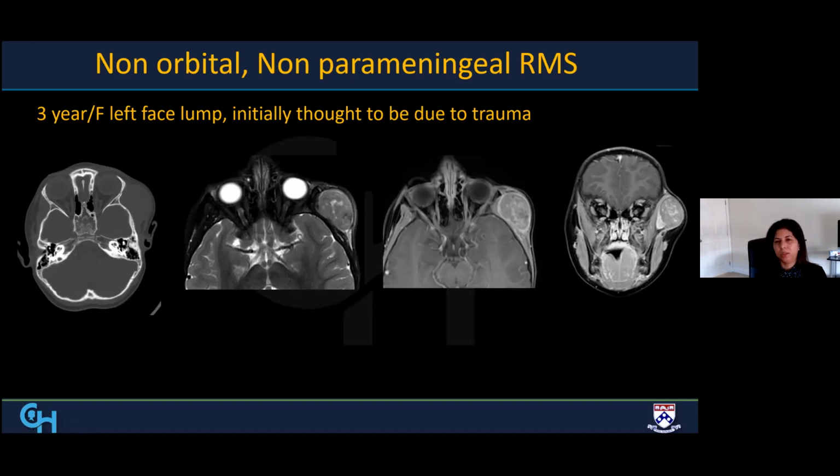The trauma was just what brought attention to this mass. You can see its heterogeneous nature on MR and enhancement. There was also patchy restricted diffusion and uptake on the FDG PET study. This one was able to be resected completely and had a good prognosis.